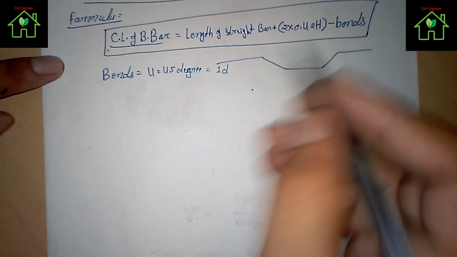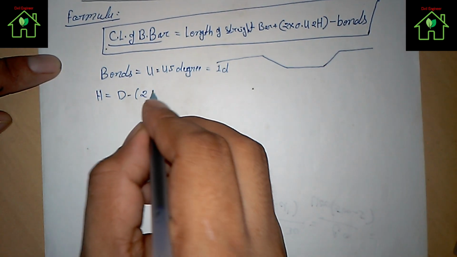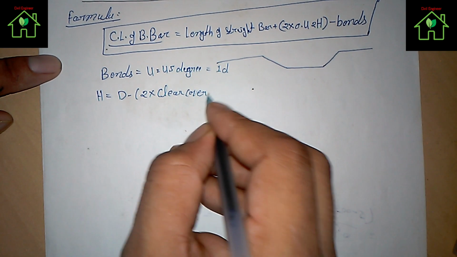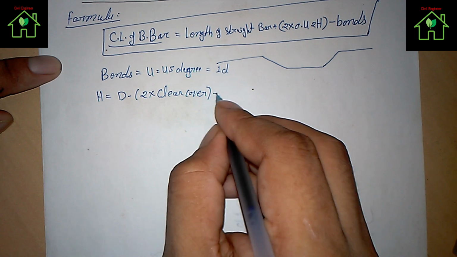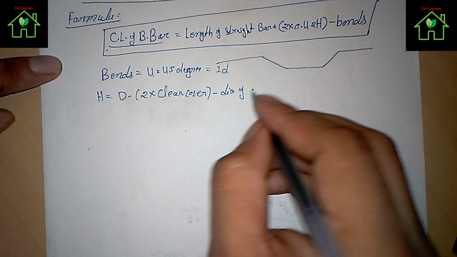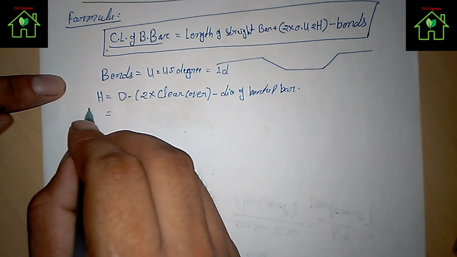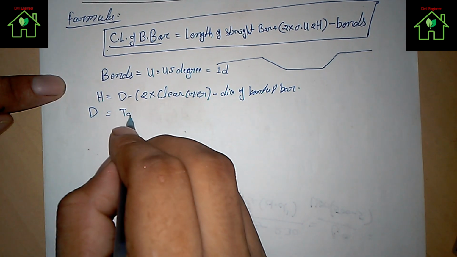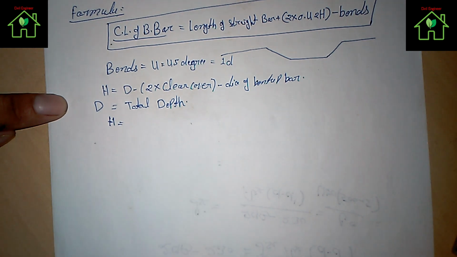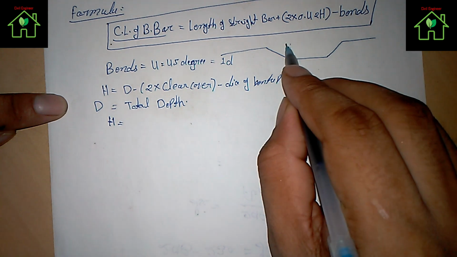And what is the h? h is equal to D minus 2 into clear cover minus dia of bent bar. What is the D? D is equal to total depth. h is the height.